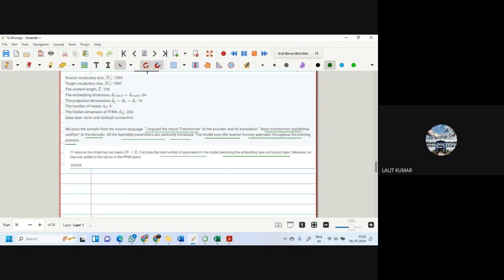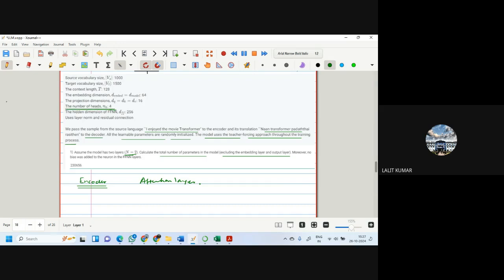Okay, very nice. So this is a decoder. No, it's both the encoder and the decoder. So encoder will have an attention layer. They have given number of layers 2, number of heads 4; heads don't matter.